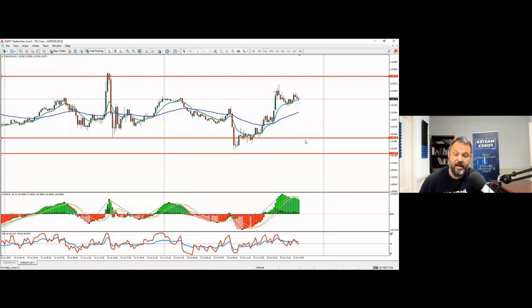If you're doing an indicator cross and then it's broken the level, that is a great way to do it. But really, it's important that we use levels on every single one of our trades.